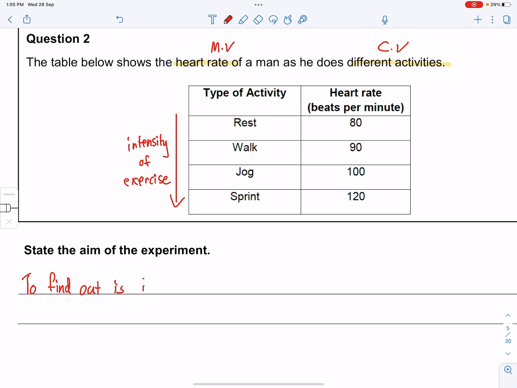So in fact, what you want to find out is if increasing intensity of exercise affects heart rate, beats per minute.